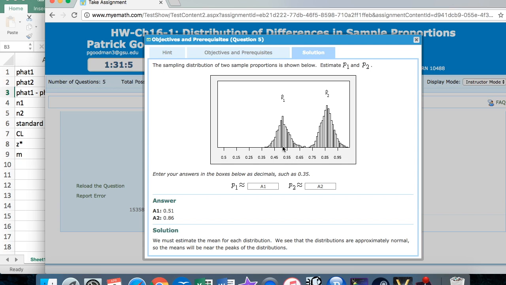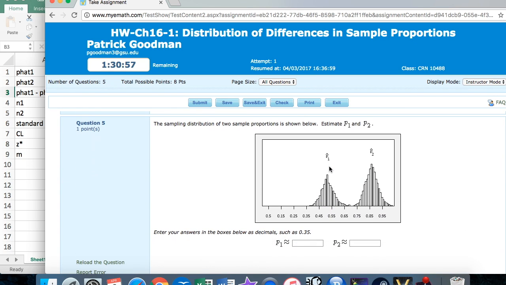This tall bar here. Kind of hard to see. There's no way to zoom it in, is there? Dang it. Well, this tall bar here looks like it's just right after 0.85, right? So I would say it's 0.86.